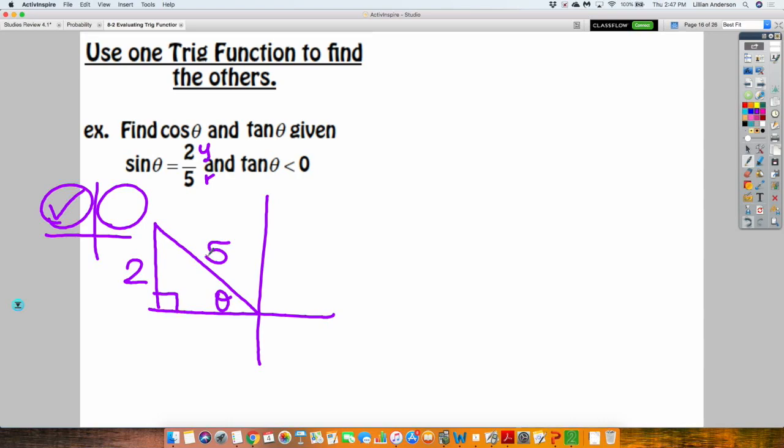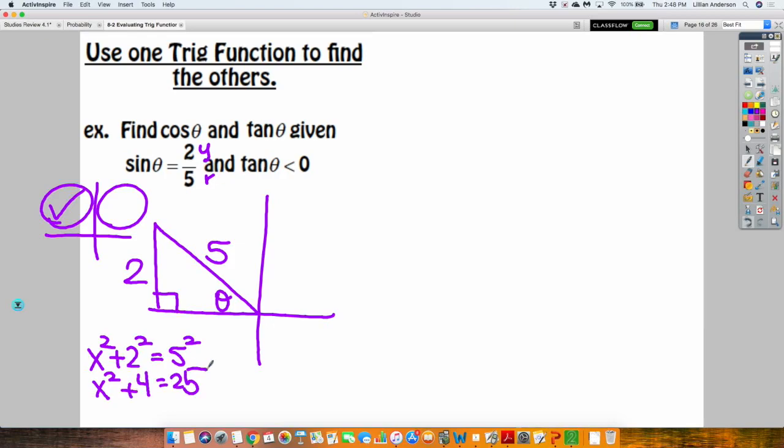And what can we do to find the x value? Pythagorean theorem. All of it ties in together. So that's going to be x squared plus 2 squared equals 5 squared. X squared plus 4 equals 25.